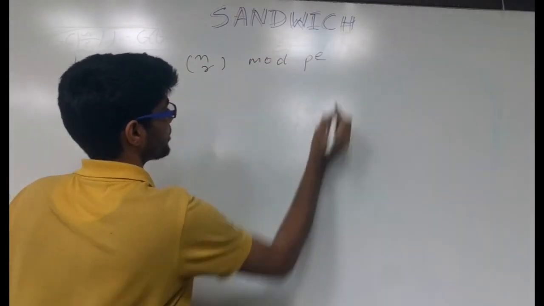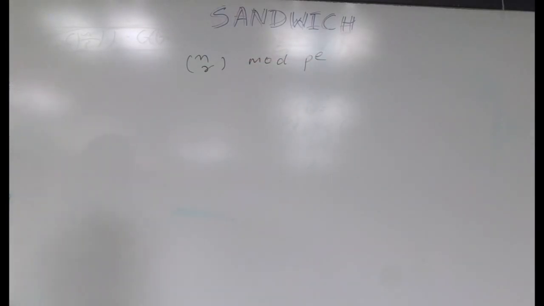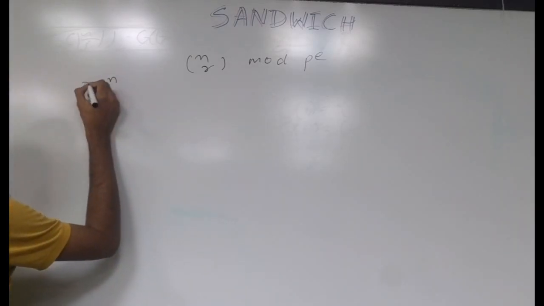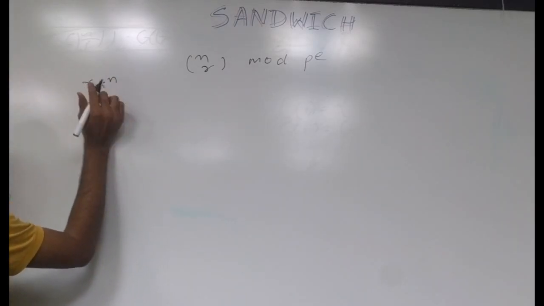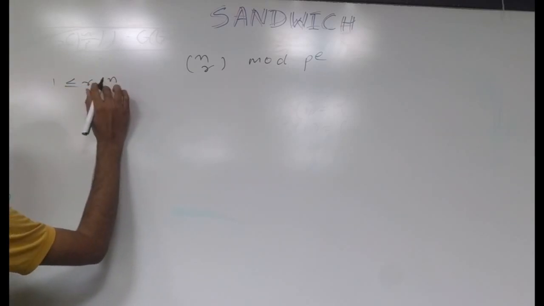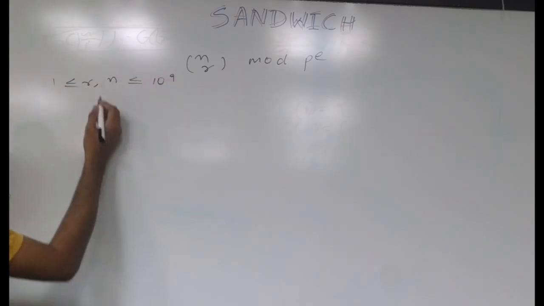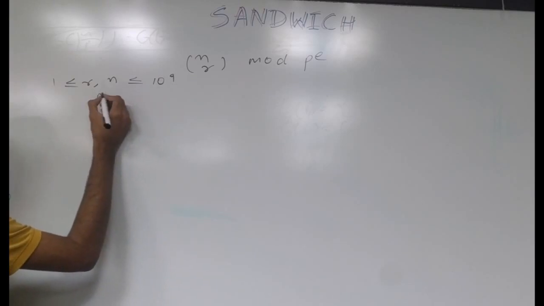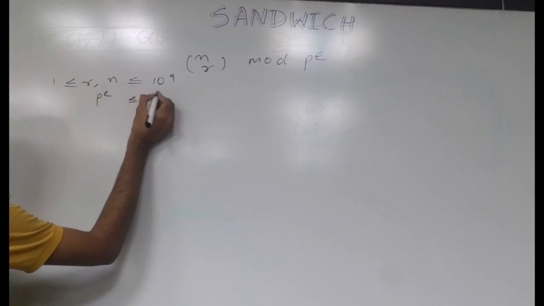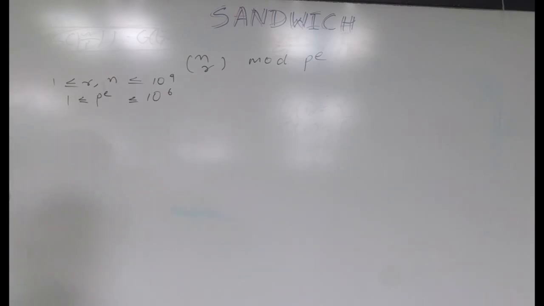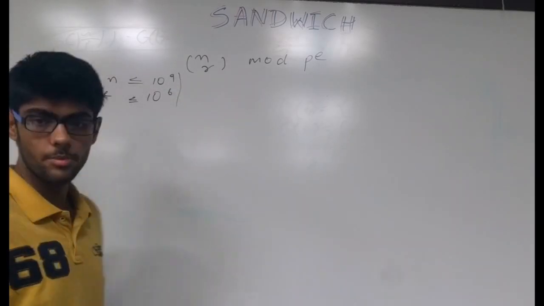Now we know the constraints of n and r, and we also know the constraints on p to the e. So we need to find n choose r mod p to the e.